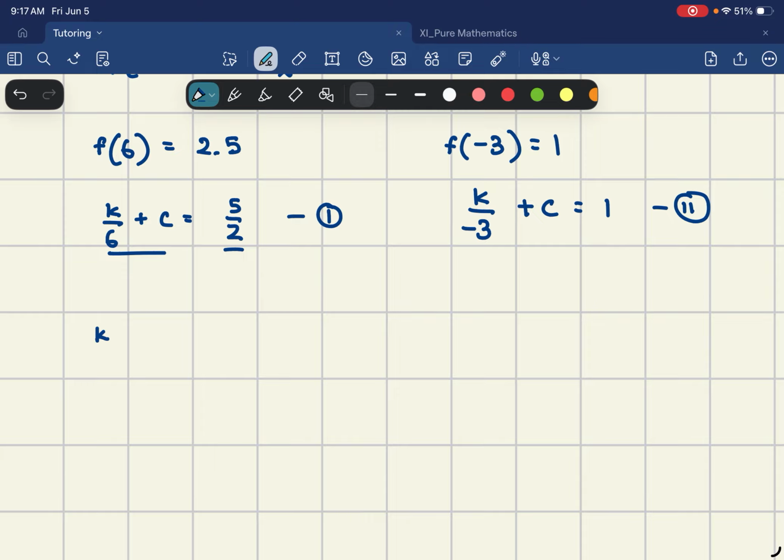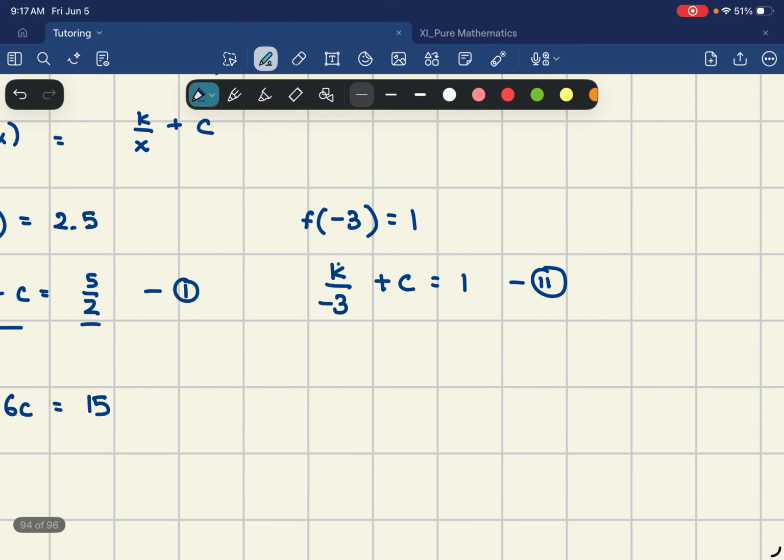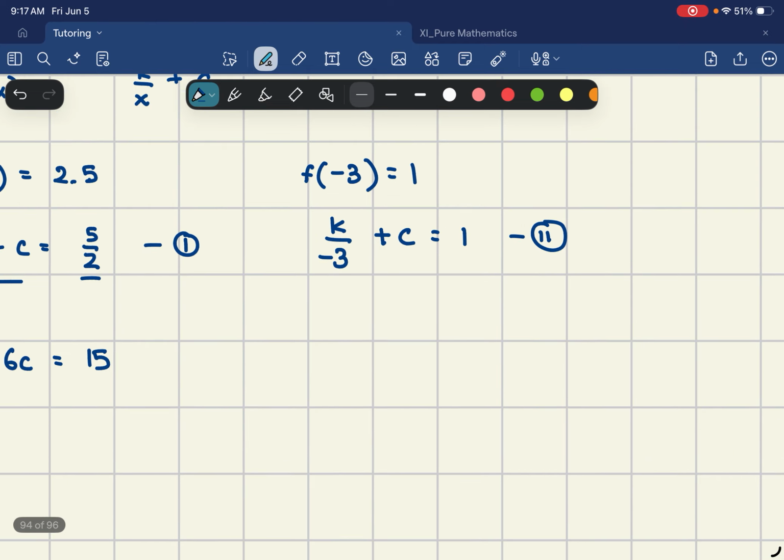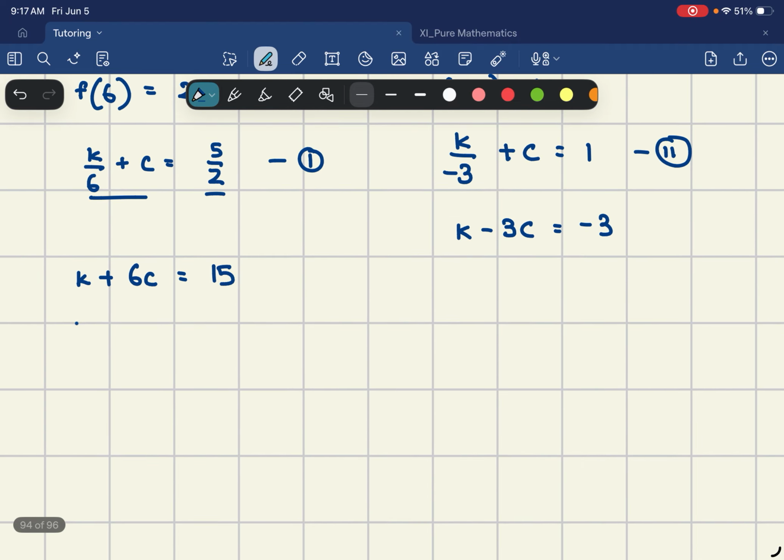I'm going to get k, because 6 and 6 here cancel out, plus 6 times c is equal to 6 times 5 over 2, and 6 by 2 is 3, so you get 15. That is equation 1. And now I'm going to multiply by negative 3 on both sides, so I get k minus 3c is equal to negative 3. That is my two equations.